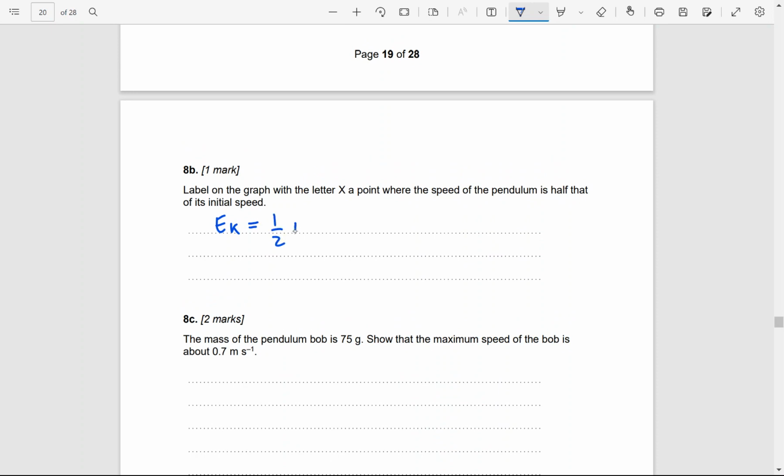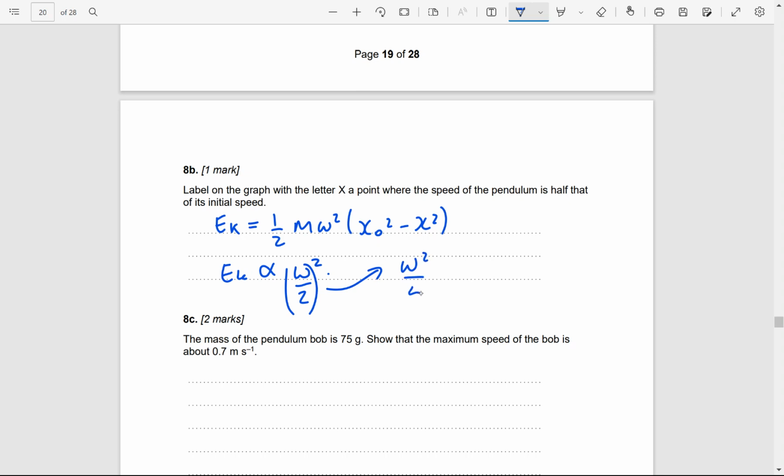So kinetic energy, if you look in your data booklet, we've got this scary looking formula. The point you need to take away is that EK is proportional to omega squared. So what happens if we do omega over 2 squared?